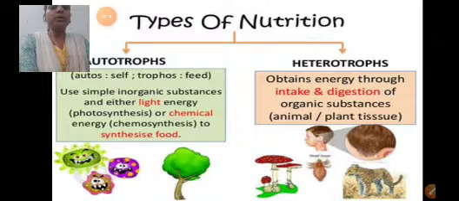In the autotrophic mode of nutrition, the simple inorganic substances found in nature are utilized in order to produce food, whereas in the heterotrophic mode of nutrition, the substances that have already been prepared by autotrophs or heterotrophs are consumed. That is, heterotrophs depend on other organisms for obtaining nutrients.